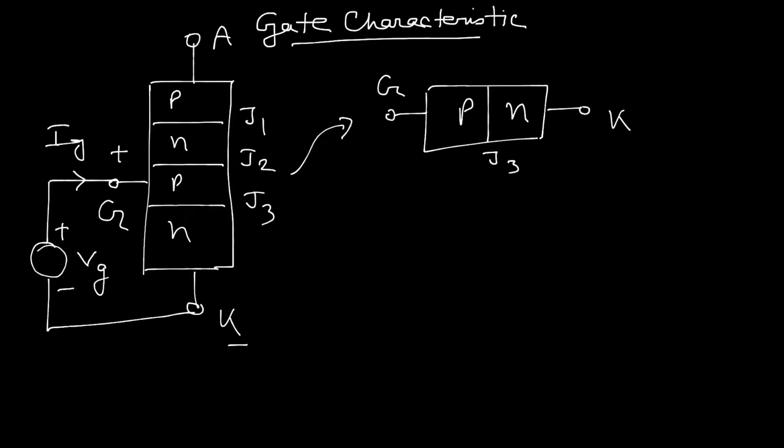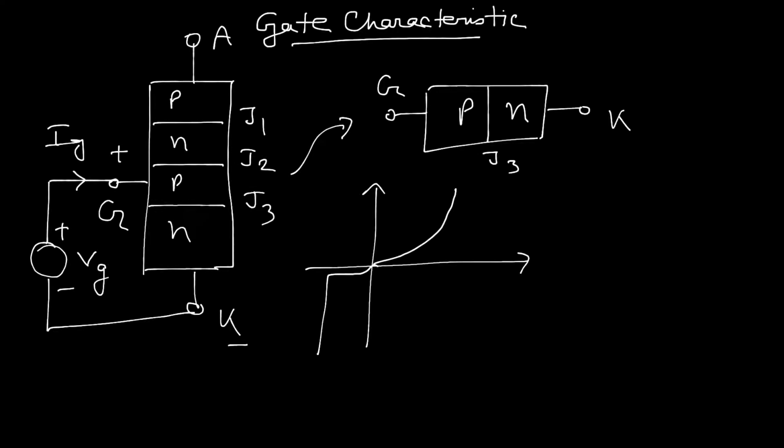And we know the characteristics of an ideal diode, that is defined by this picture, where in forward conduction mode it will be this one, and in reverse direction the characteristics will be this one.